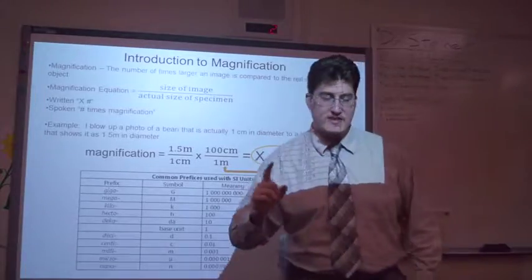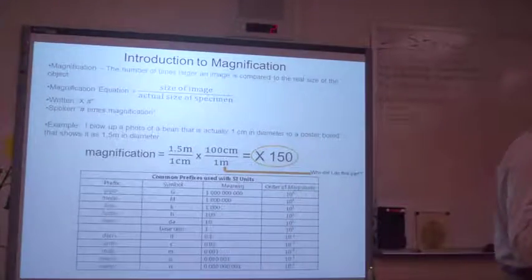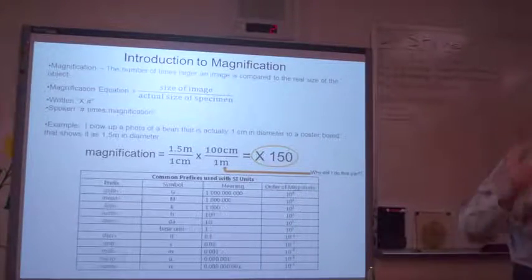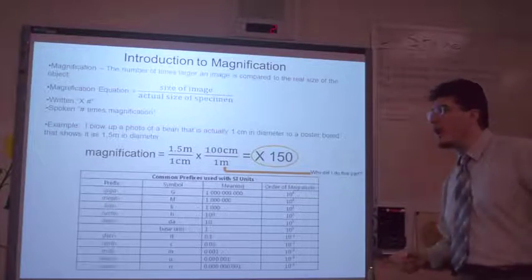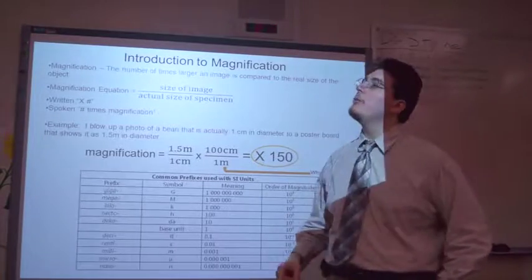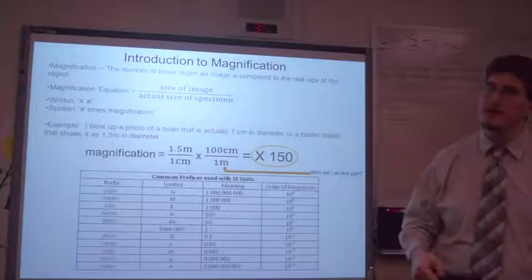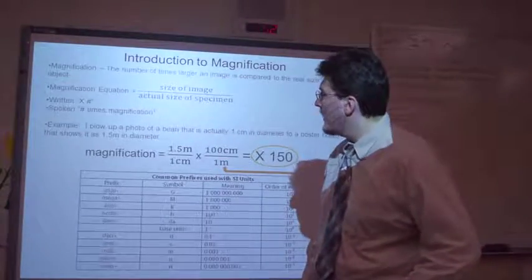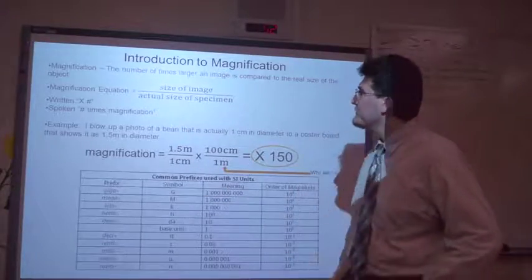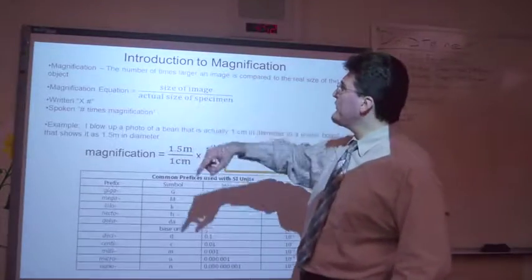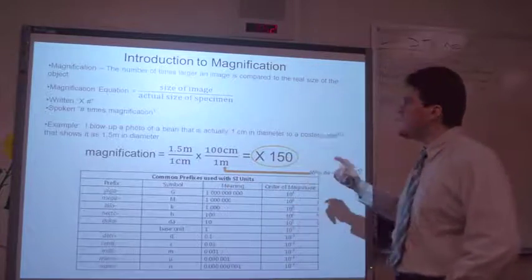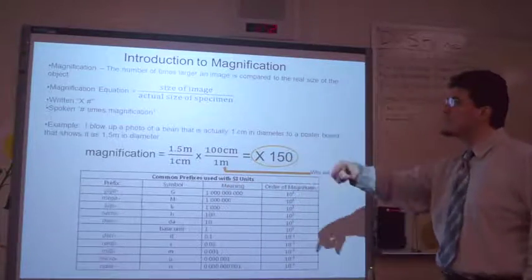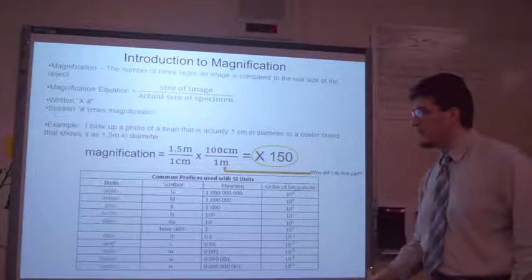So I want this equation burned into your psyche, and I have tested it so many times, and I really, really hope that it is still rattling around in there. The magnification equation. The magnification equation is magnification equals the size of the image divided by the actual size of the specimen.